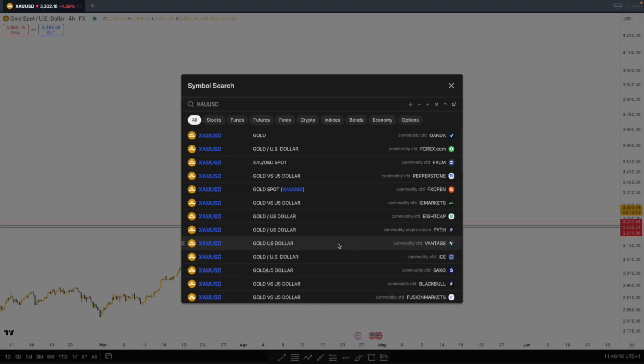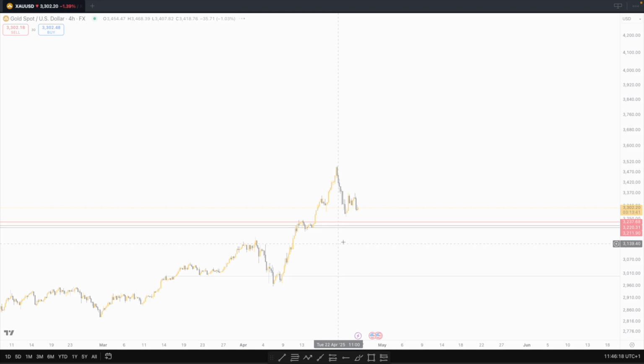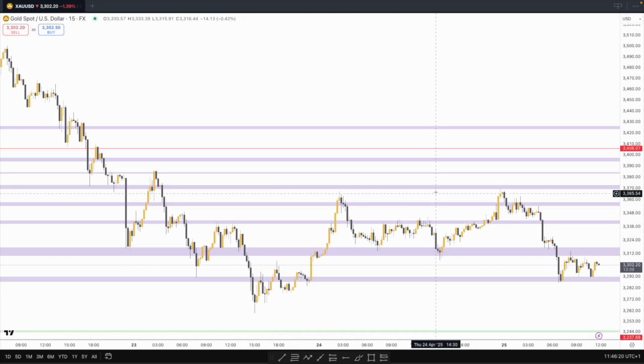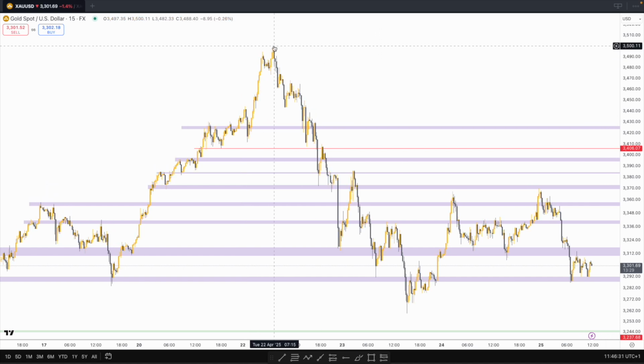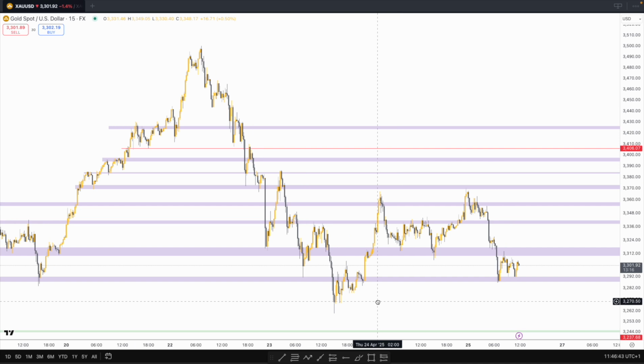So with all that being said, I believe that is pretty much it for our end of week technical analysis. Summarizing things, we saw a big bullish impulse at the start of the week, creating a new all-time high of $3,500 per ounce of gold, followed by a very volatile bearish move that started on the Tuesday pre-London session and came all the way down, with the bottom side of the bearish move finishing the next day at the start of New York session.